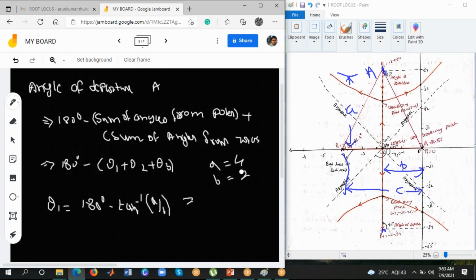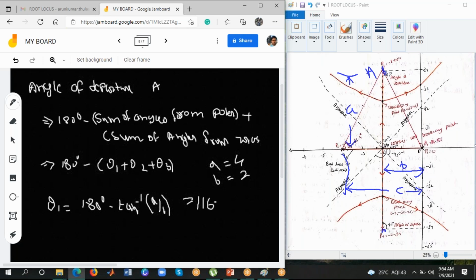Find the theta 1 value. What is the value of theta 1? Right, 116.5.